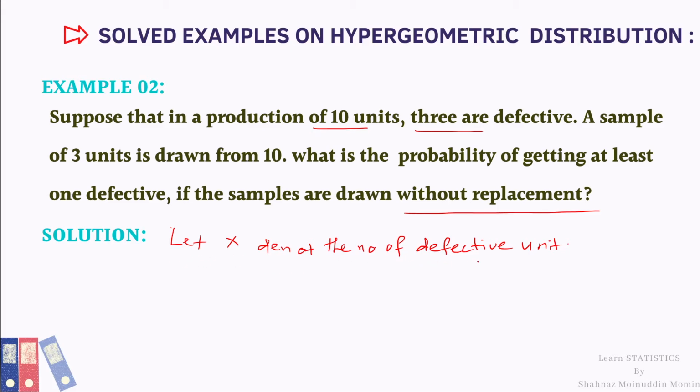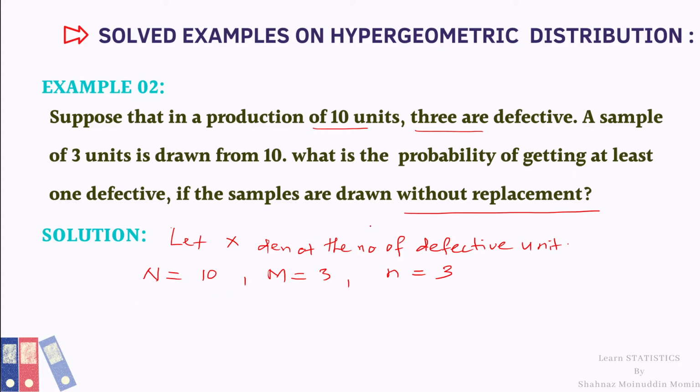Here X denotes the number of defective units. Let me write the given quantities. The total number of units produced is 10, of which 3 are defective. So M is 3 and a sample of size 3 is taken, n equal to 3. Now we want to obtain the probability of getting at least one defective.